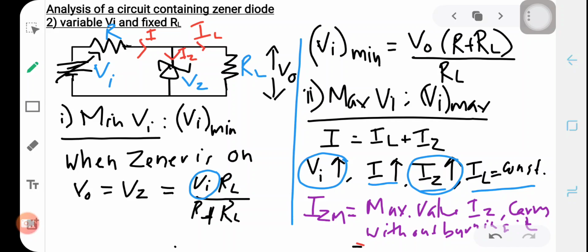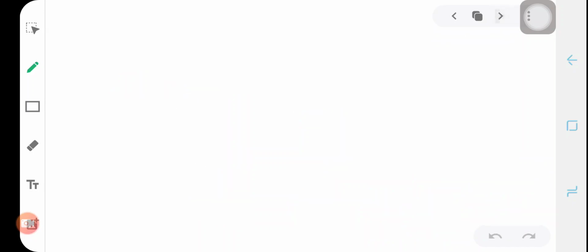So now the maximum current, I max, is given by IL plus IZM.